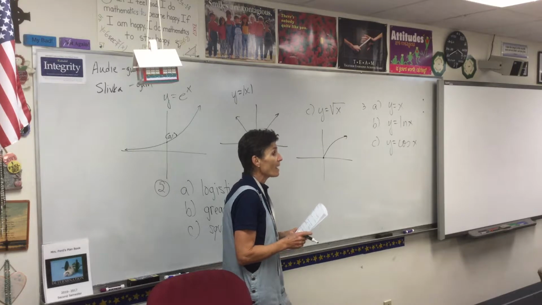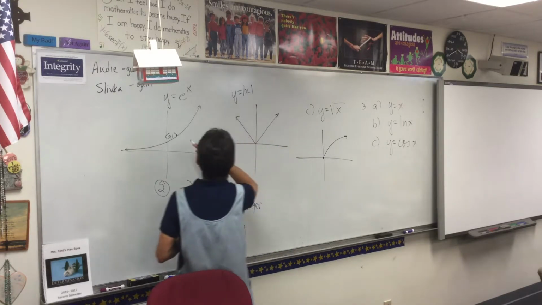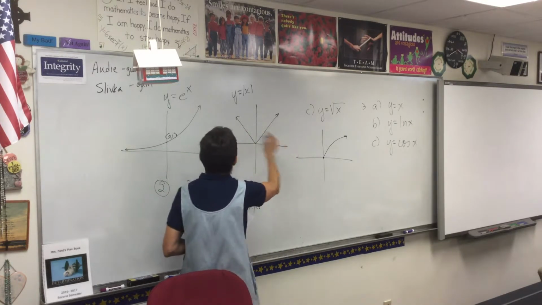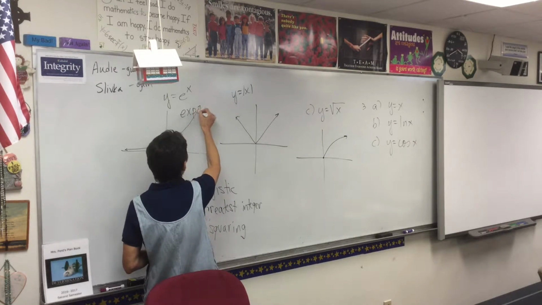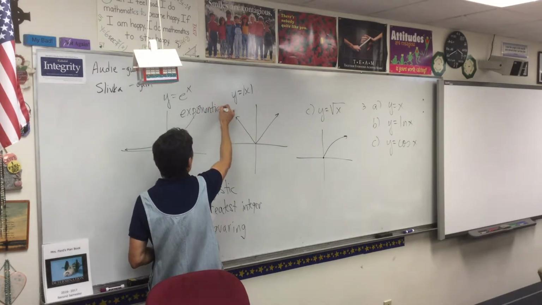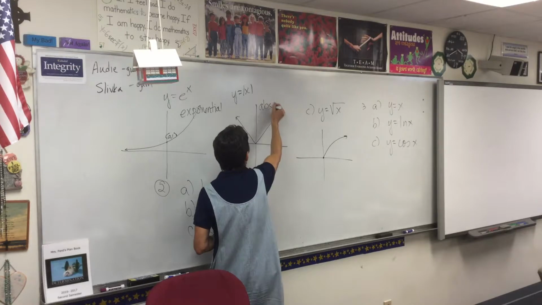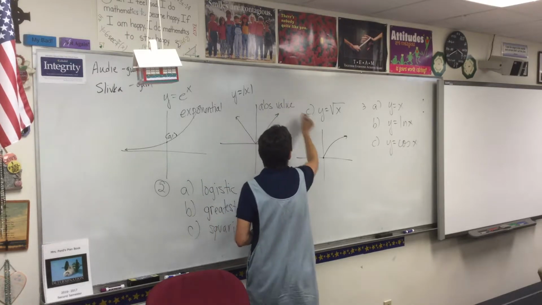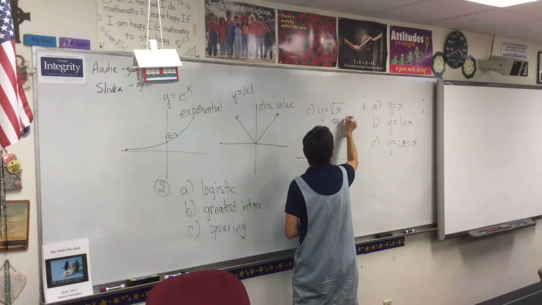Now, think about the ones you graphed, which were the exponential, the absolute value, and the square root.